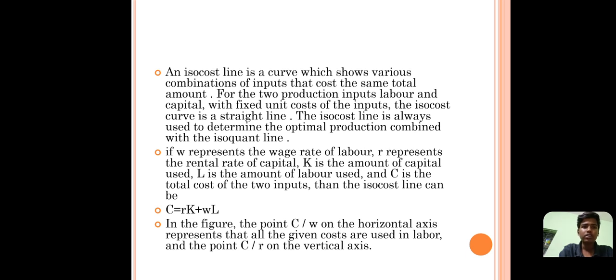If W represents the wage rate of labor, R represents the rental rate of capital, K is the amount of capital used, L is the amount of labor used, and C is the total cost of the two inputs, then the isocost line is C equals Rk plus WL. In the figure, the point C by W on the horizontal axis represents that all the given cost is used on labor, and the point C by R on the vertical axis.